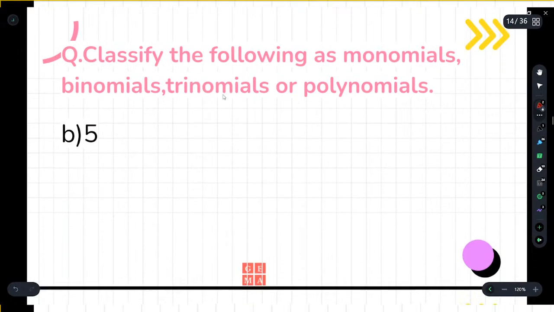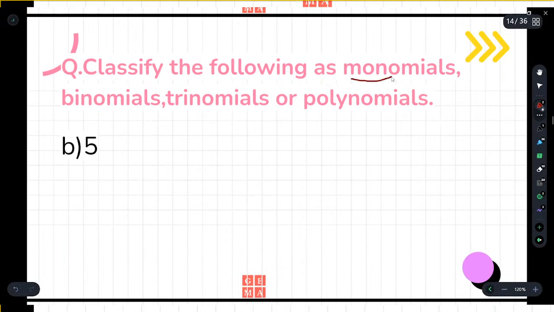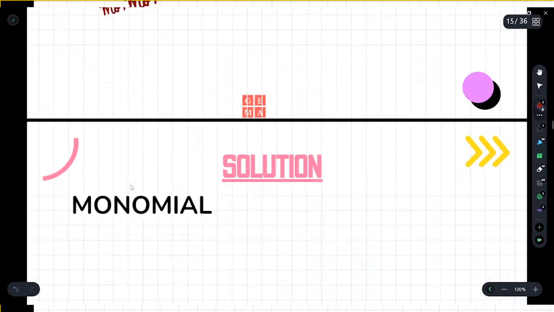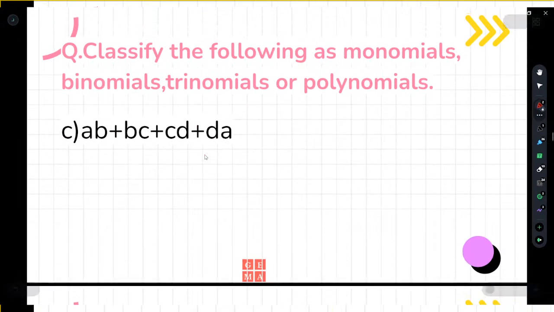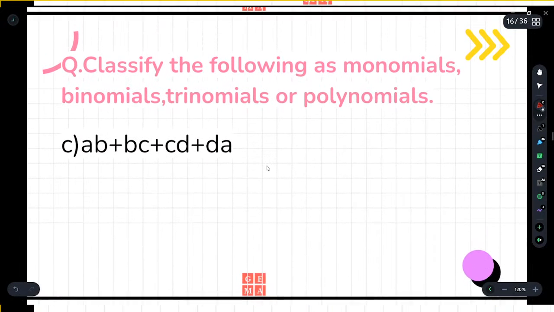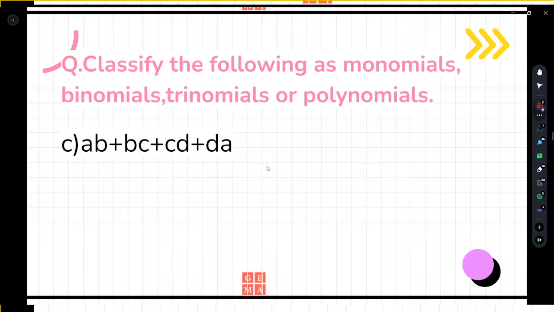Let's move on next. Classify the following as a monomial, binomial, trinomial or polynomial. So it will be a what? 5. It has got only one term in it. That's why it will be a monomial. Let's move on next. Classify the following as monomials, binomials, trinomials or polynomials.